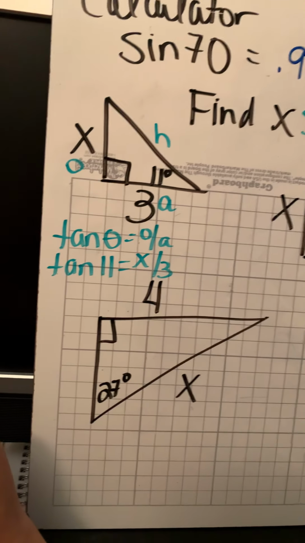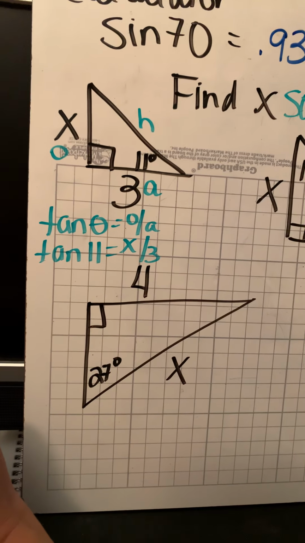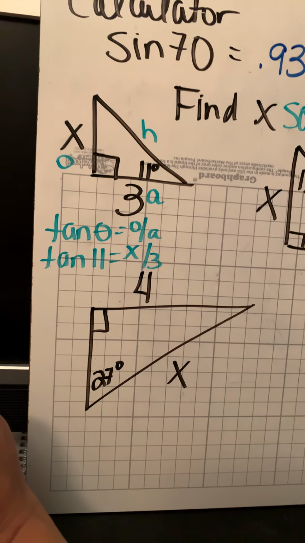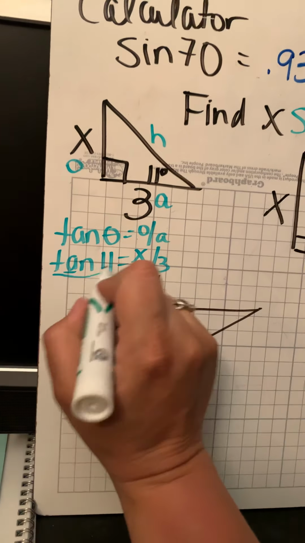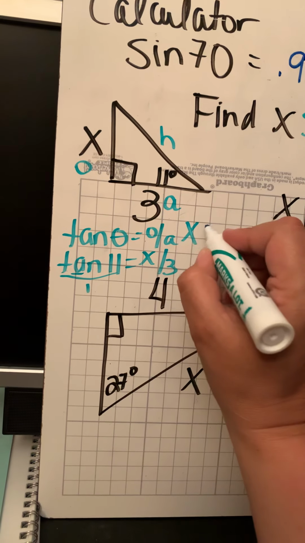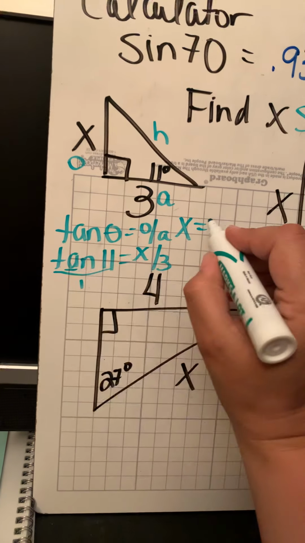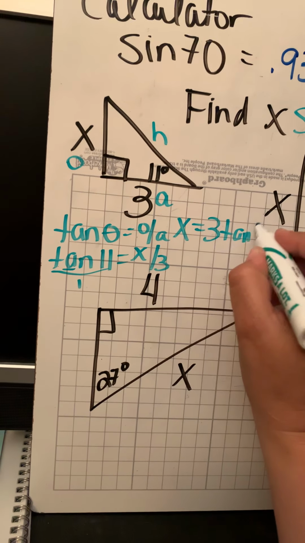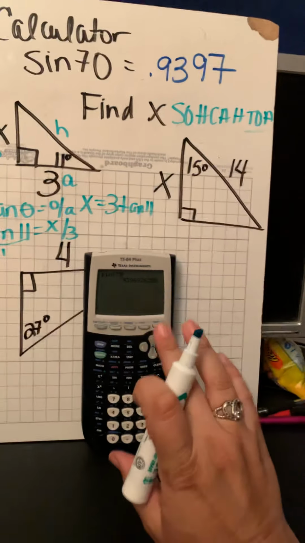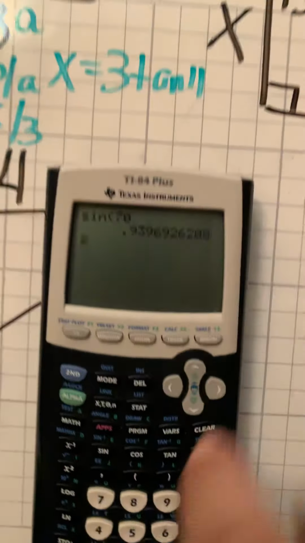Now we've got to remember, when two proportions are set equal to each other, we cross multiply to solve. So this is basically sitting over 1. So you're taking x times 1, which is x, equals 3 times tan 11. So now in your calculator, we've already have it in degree mode, so you don't ever have to change that again once you have it in there.